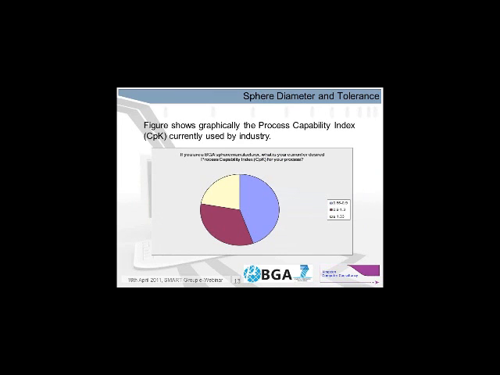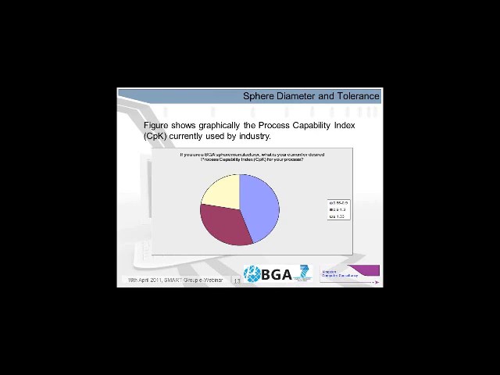When we looked at the breakdown of the industry in terms of the CPK, the Process Capability Index, the consistency of the yield, then we found a fairly even distribution. Most people comfortable with CPKs of 2 to 3 standard deviations around the norm, or most of their solder balls falling within 3 standard deviations around the norm.